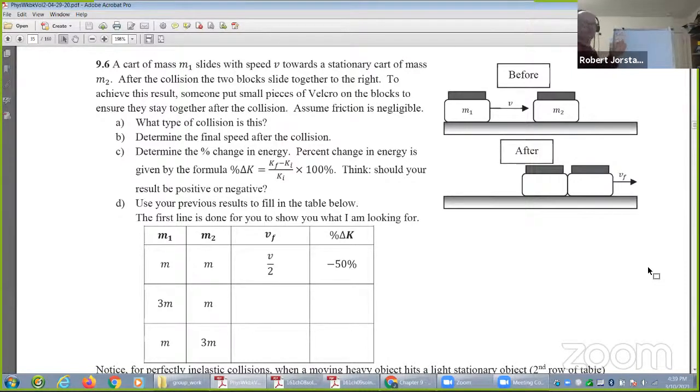Initially, notice there's a before and an after picture, a hallmark of a good energy or momentum strategy. Okay, just getting it drawn.